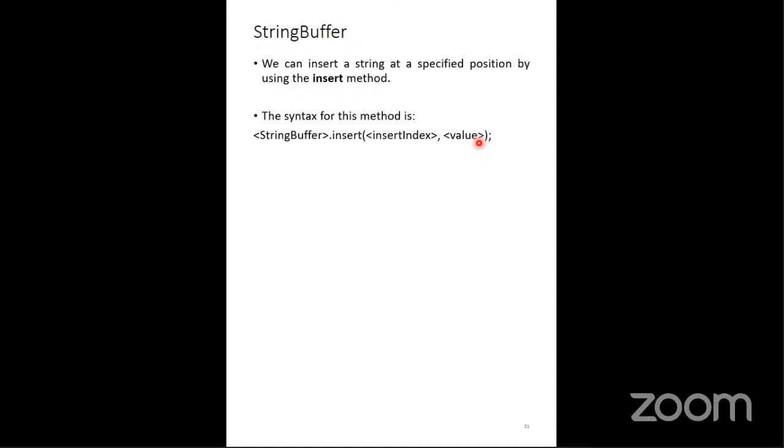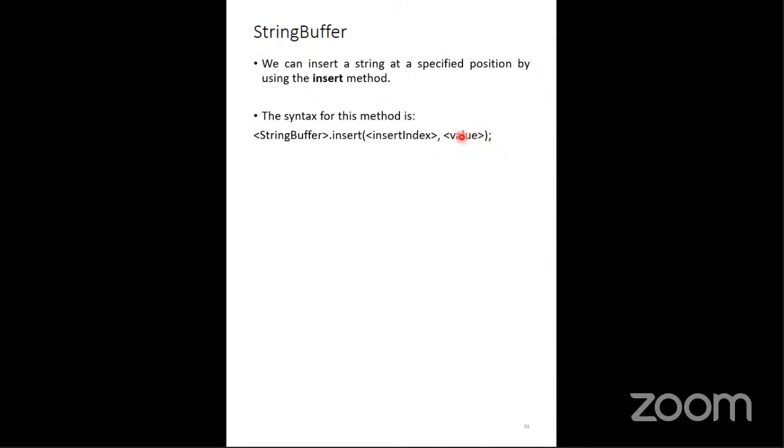Remember the difference between append and insert. In the case of append, you have to only specify what you want to append, because append always appends the value at the end of the string. That's what append means. Whereas insert means you can insert in the beginning, in the middle, or at the end. Where exactly do you want to insert? So the insert method requires two arguments: the index where you want to insert and the value that you want to insert.